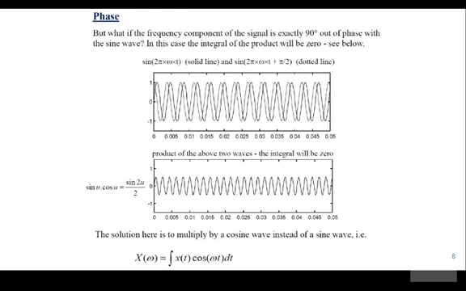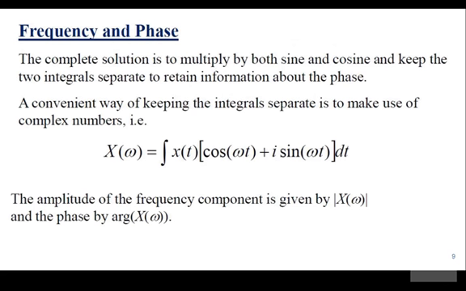So if we work out this product, the integral is going to be 0. If we multiply by a cosine in this situation, we get a non-zero result. So we need to include cosine and sine components to deal with the phase component of any signal, or the differences in the shifts that might be there.